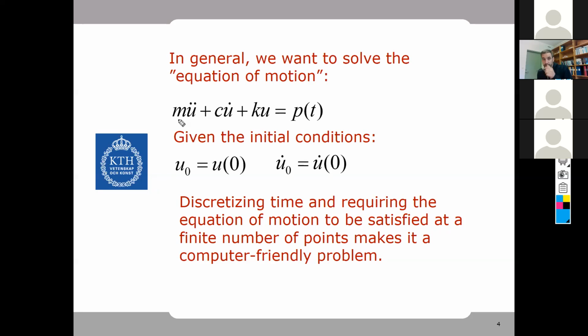And in the case of a structure, I would say 99% of the time, it's the displacement at time 0. So normally the structures are not moving at time 0.